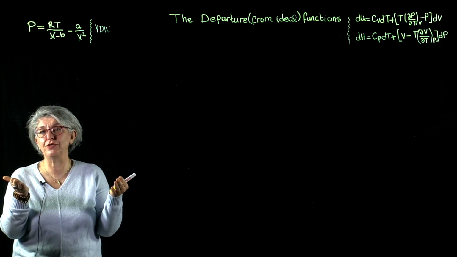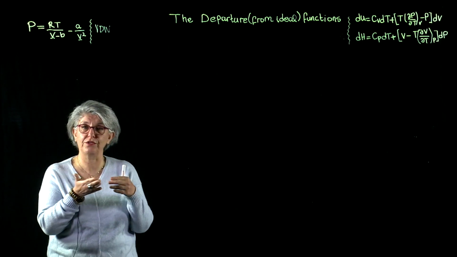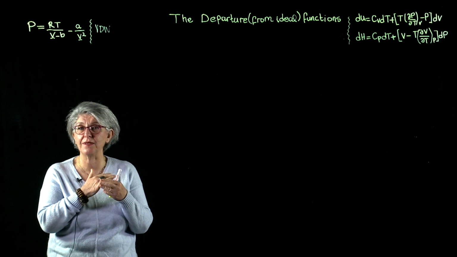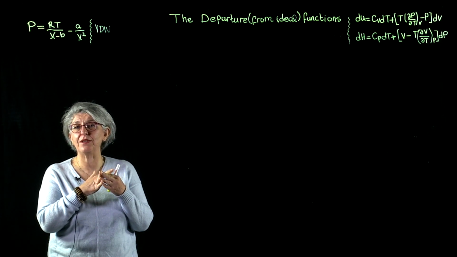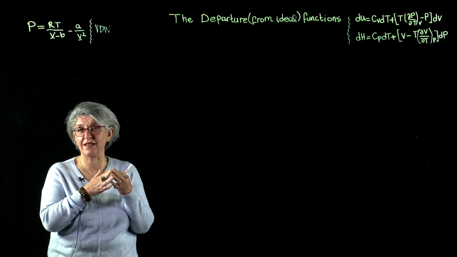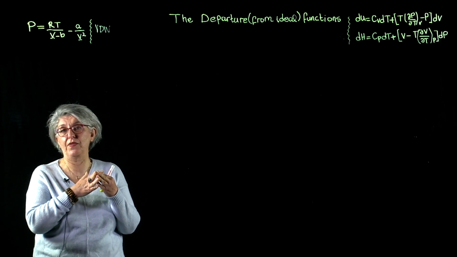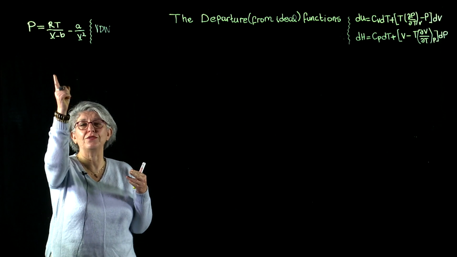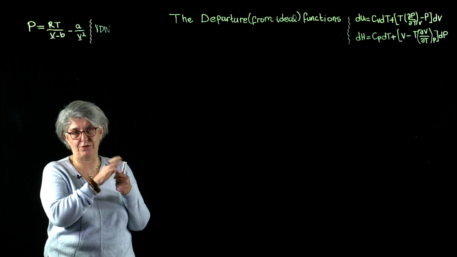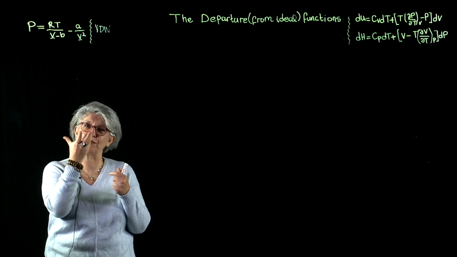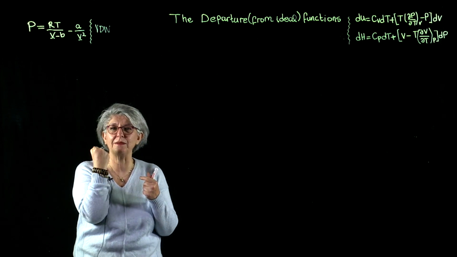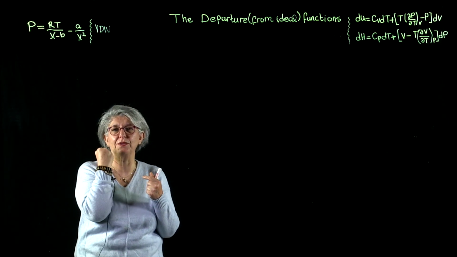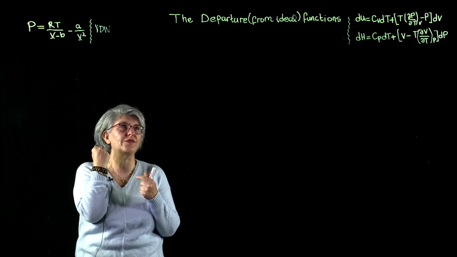I will refer you to your textbook for equations of state such as Peng and Robinson, such as the virial equation of state, such as Redlich-Kwong, and so on and so forth. But I will use the Van der Waals equation of state for its simplicity and because we extracted it by removing the assumptions from the ideal gas equation of state.